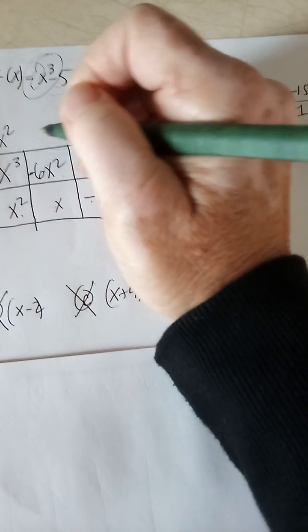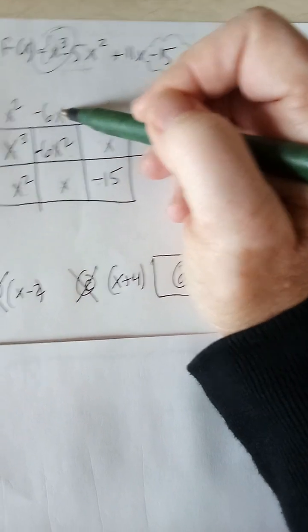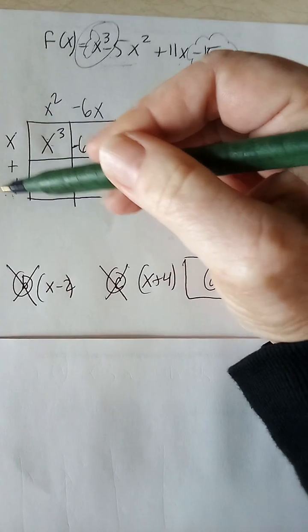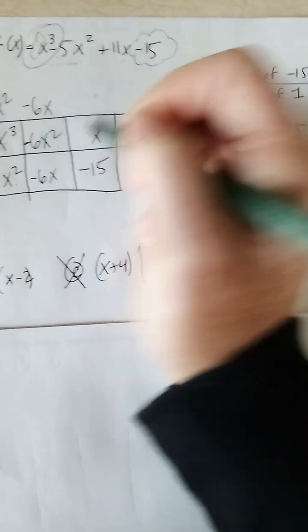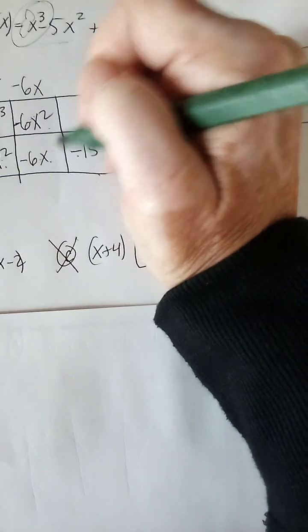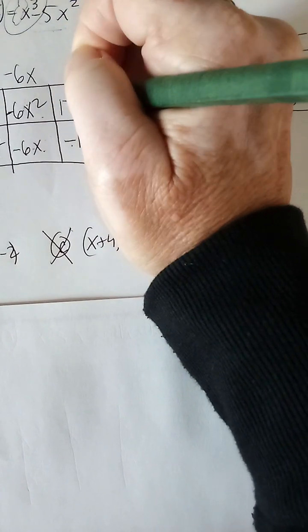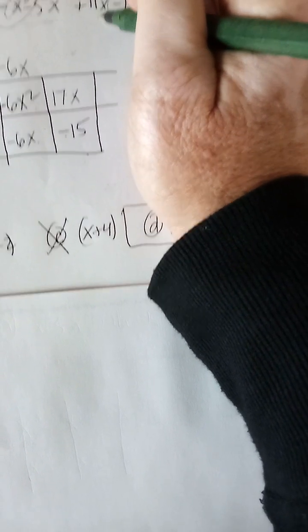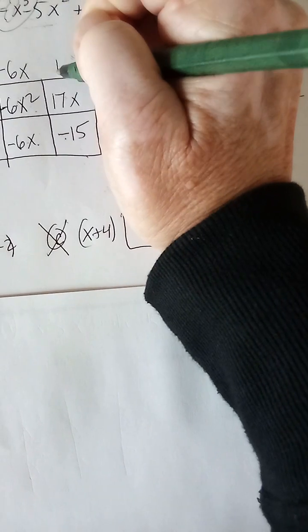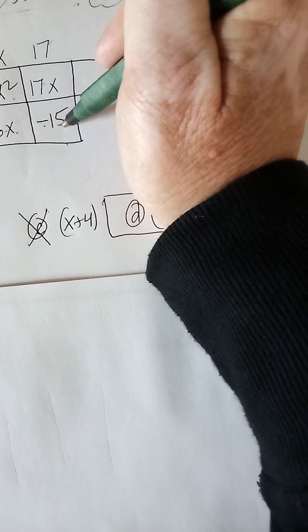That forces this top part to be -6x, because x times -6x has to equal what's inside. Then 1 times -6x is -6x. I need these two boxes to add up to 11, so this has to be 17, because -6 plus 17 makes 11. Well, that makes this box 17, and 17 times nothing is not going to give me my -15. So it's not going to be x plus 1.